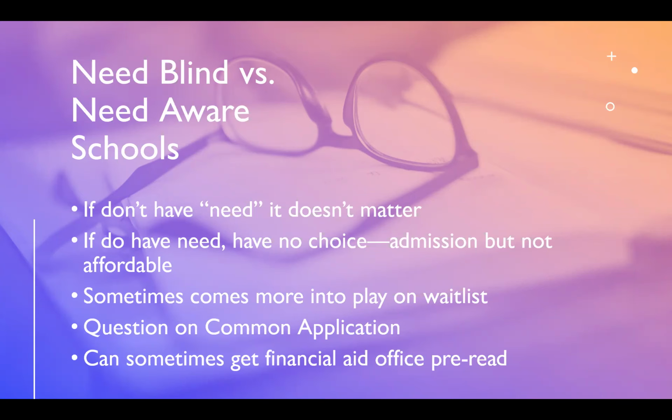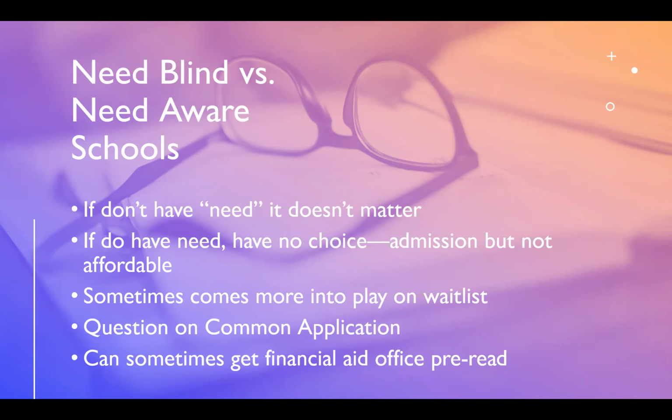On the other hand, if a family does have need, can't really afford the school without any type of financial aid, checking a box that says you have no need isn't really going to help you in the long run, because great, the college admitted your child because they thought the family didn't need money, but then you can't afford it.